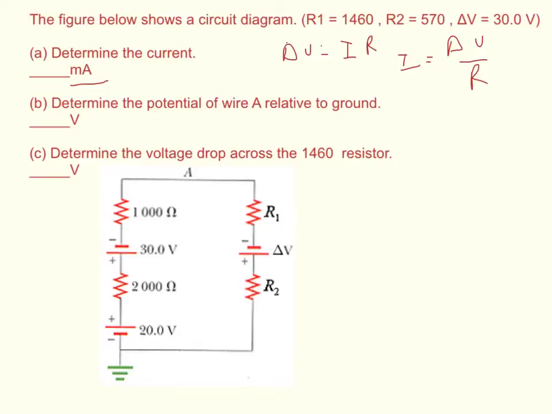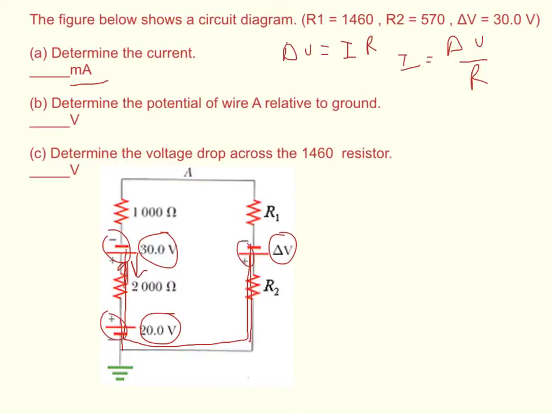For example, a voltage source here, here, and here. But if you'll notice, they're not all going the same way. This voltage is going in this direction. This one wants to go in that direction. So if we add this one and this one, we have to subtract this one.